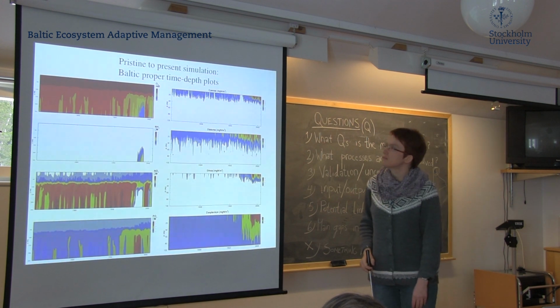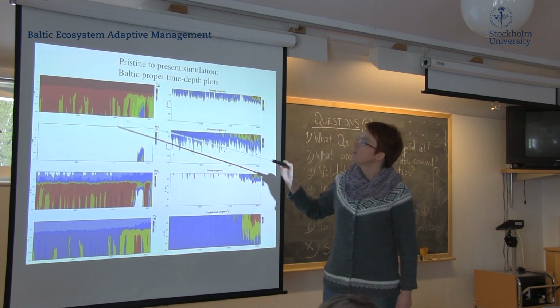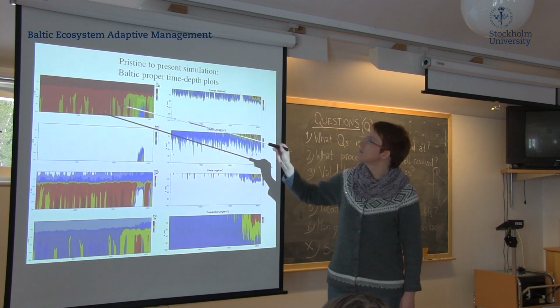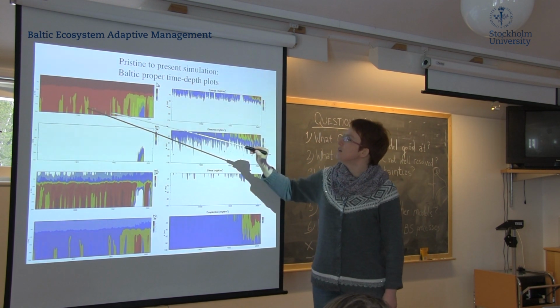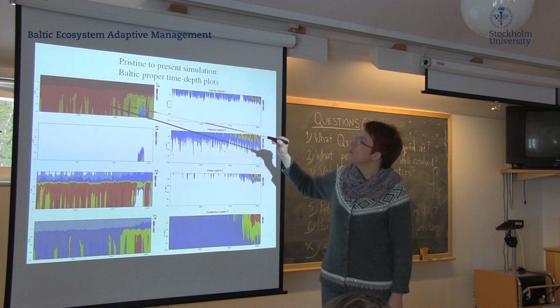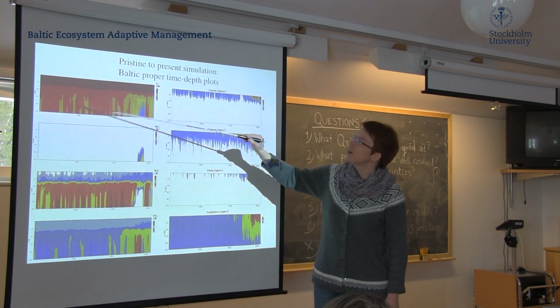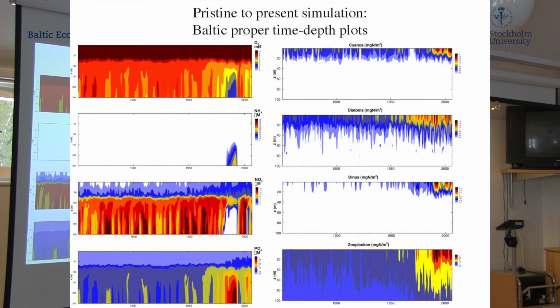And the nice thing is that you can really see the Baltic in 1850, and this is oxygen here, and all the blue values, I think they are anoxic. So you can see that you start with a very oxic Baltic, and you become anoxic basically starting from the 60s, 70s.